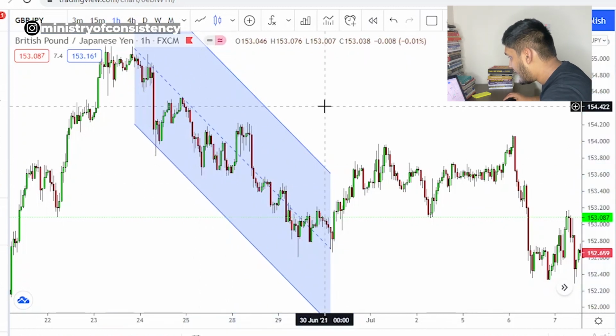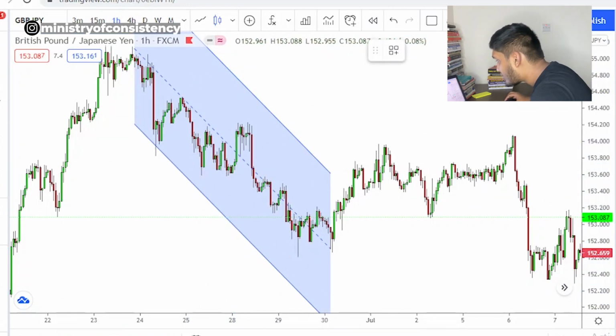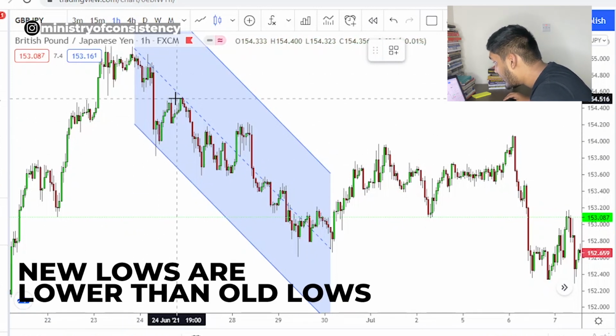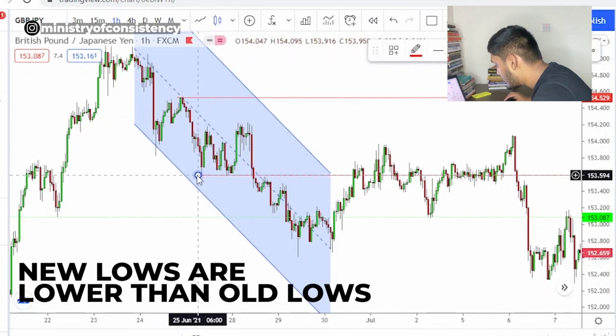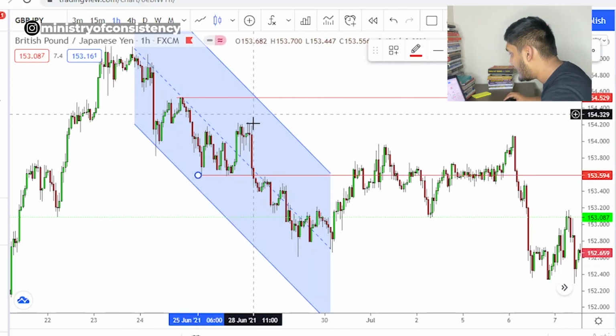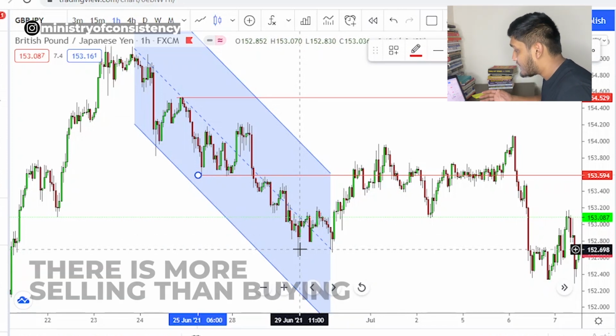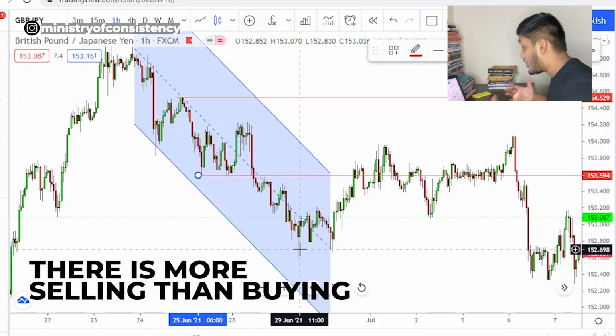The key structure to look at here is a high and a low followed by a lower high and a lower low. So this whole structure here is a downtrend where the market is bearish, meaning that the sellers in the markets are stronger, overpowering the buyers in the markets.